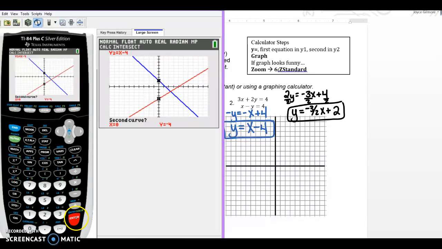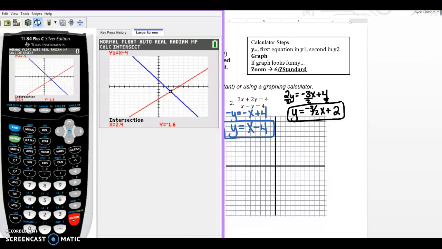Yes. Hit enter. And then it's going to say, okay, do you want me to guess? Yes. Hit enter again. So it's kind of annoying. You have to hit enter 3 times, but it's second trace. That gets you into the calculate menu. And then number 5, intersect, and then enter, enter, enter.